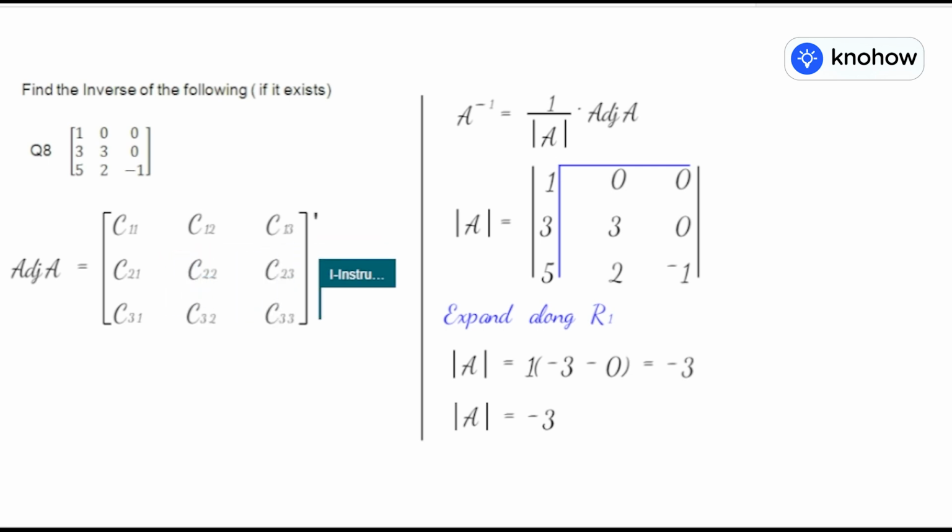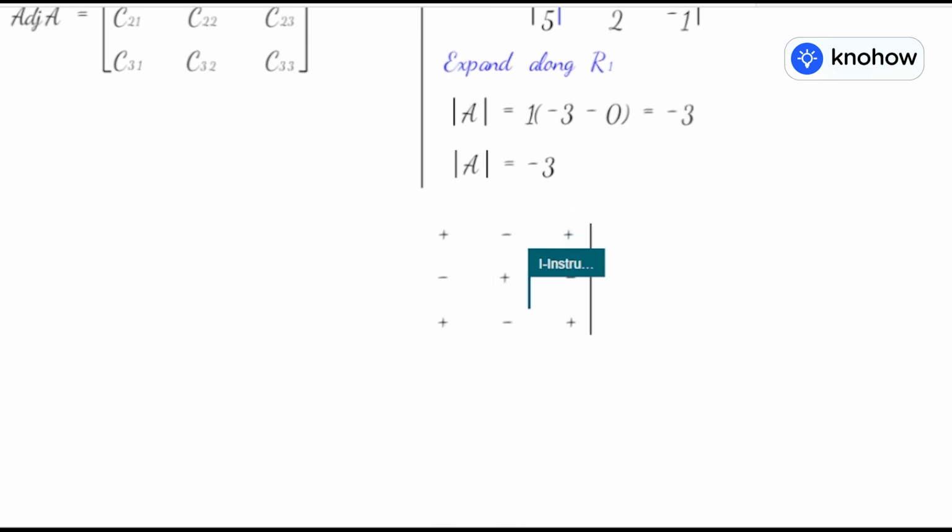To find the cofactor, you delete the row and column through a particular element and work out the value of minor, that is the remaining determinant, and impose the sign. Sign convention: plus, minus, plus, minus, plus, minus, plus, minus, plus.